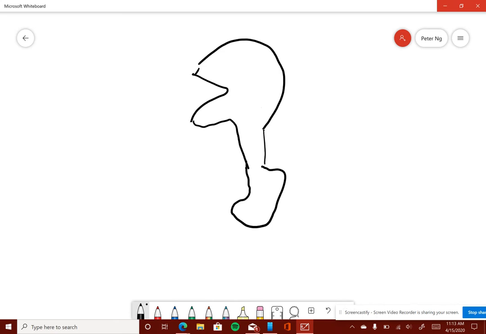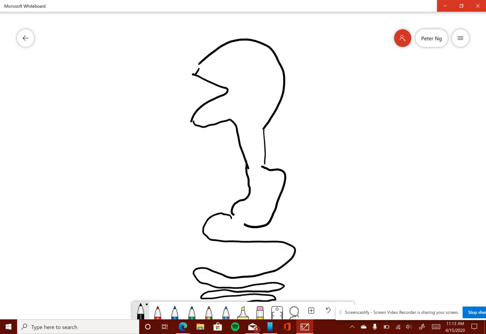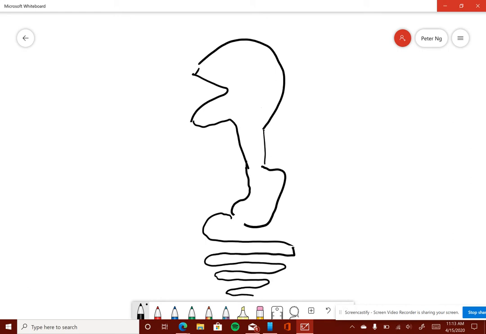There you go. So once it enters the stomach, you're going to enter this convoluted tube-like structure. So let's connect a little bit of that. This tube-like structure is a really complex maze called the small intestine.